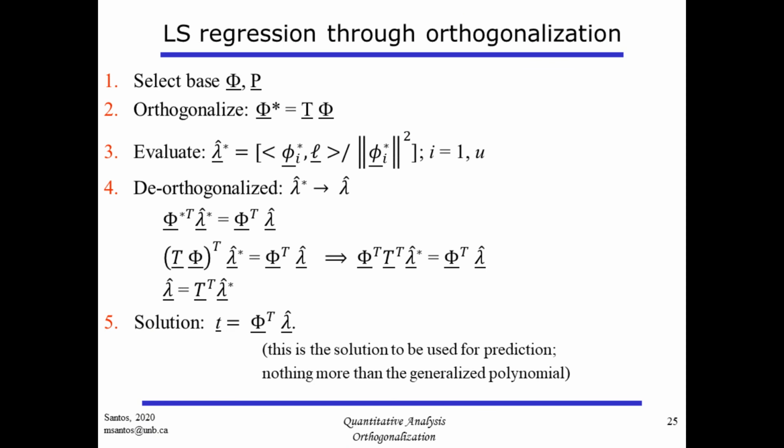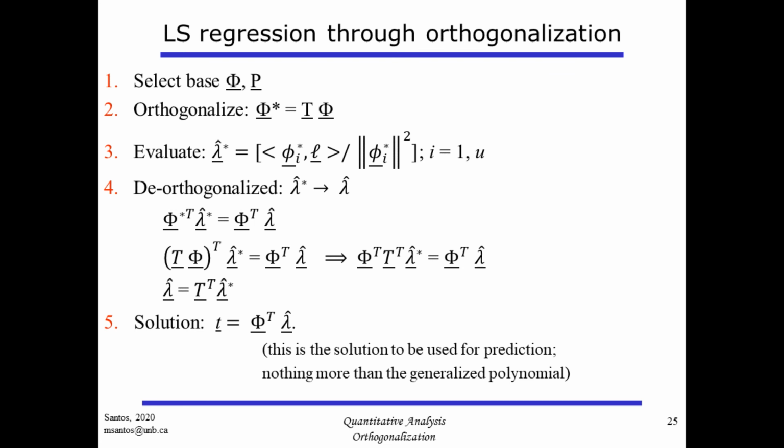How do we perform least squares regression through orthogonalization? To begin with, we have to select the base functions and also the weight matrix. Then we perform the orthogonalization, which means we will generate an orthogonal van der Monde matrix, and we will use this orthogonal van der Monde matrix to estimate the orthogonal coefficients, lambda star.